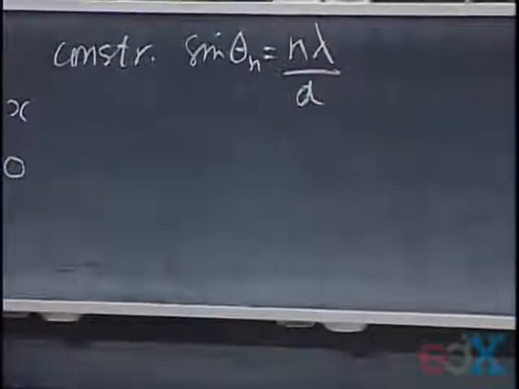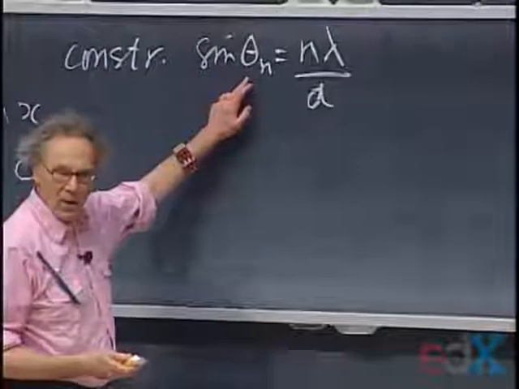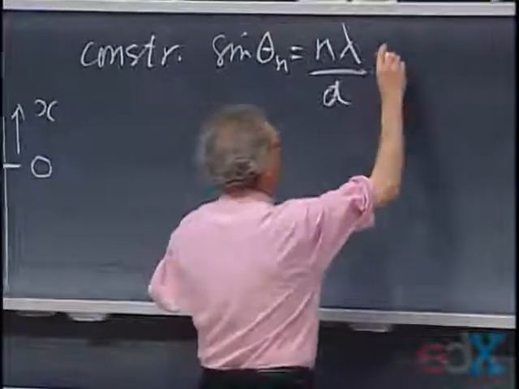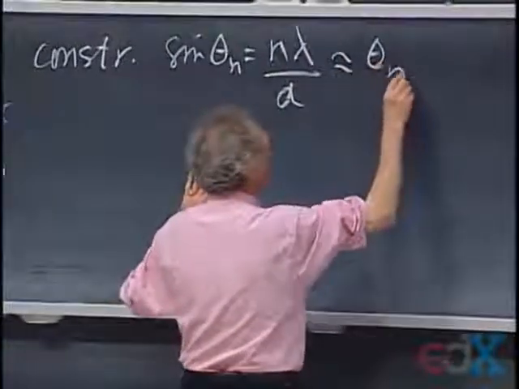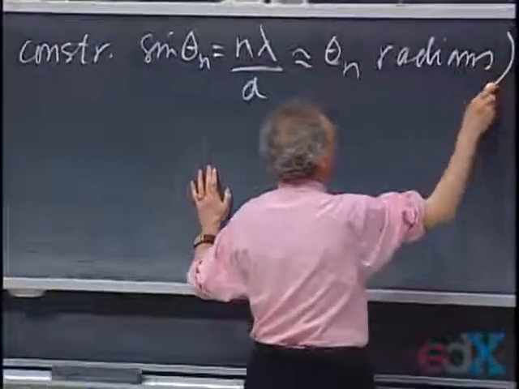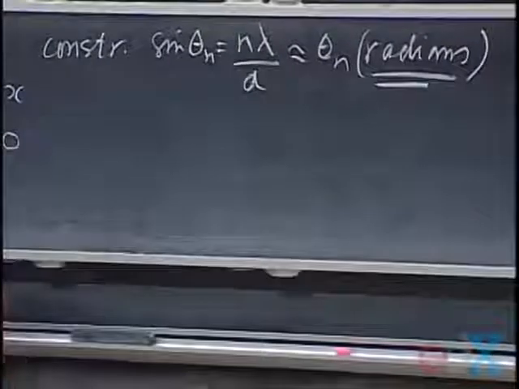And if you're dealing with very small angles theta, you should all remember that the sine of an angle is the same as the angle itself, provided that you work in radians. So for small angles, you can always use this approximation if you remember that it is in radians, and that's only then the small angle approximation.